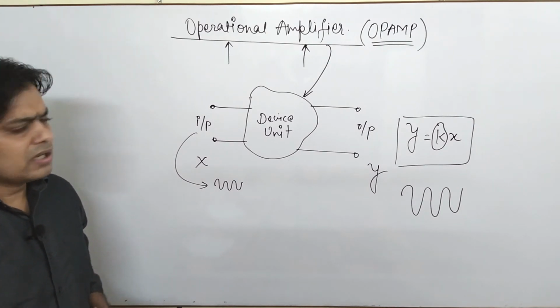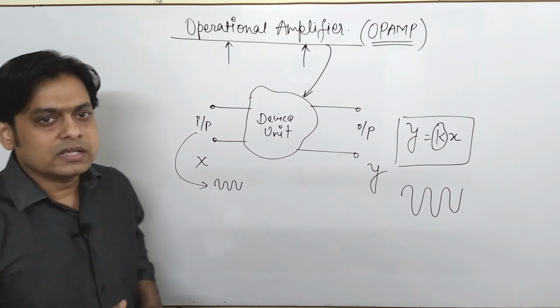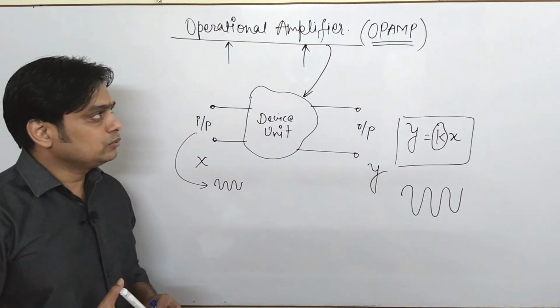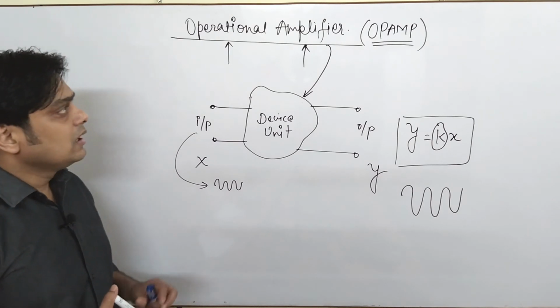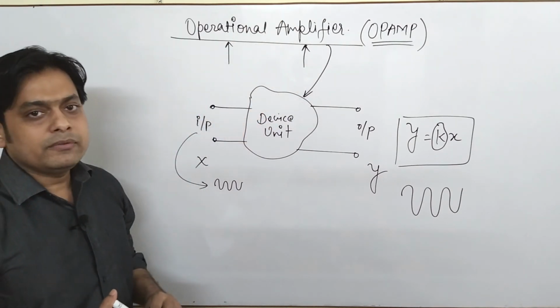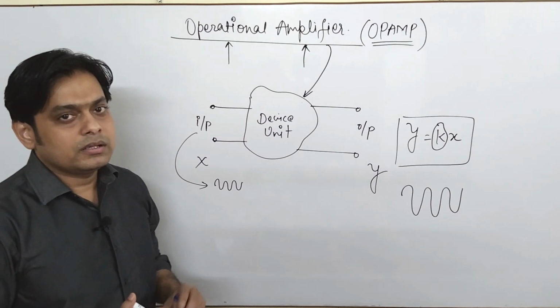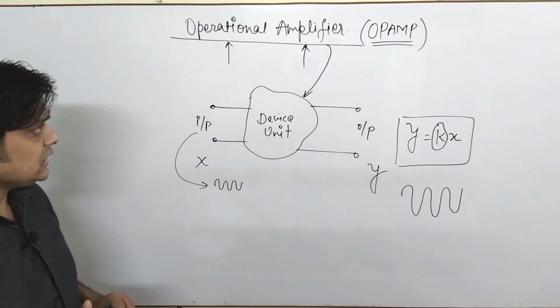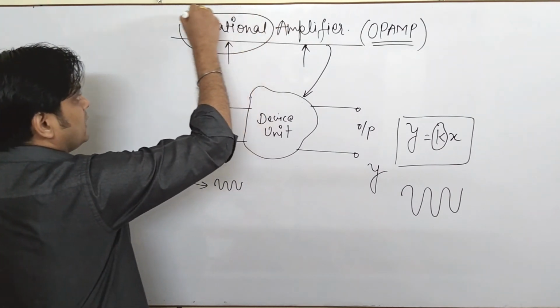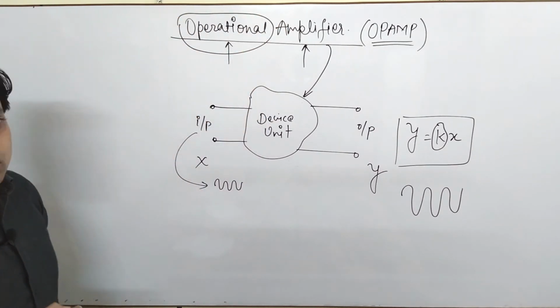There are a lot of amplifiers you will study in your EDC and ADC, two different subjects of electronics. However, we will talk about the concept of amplifier and how it is applicable in networks. So now come to the word operational. Now amplifier we understand, but what about operational?